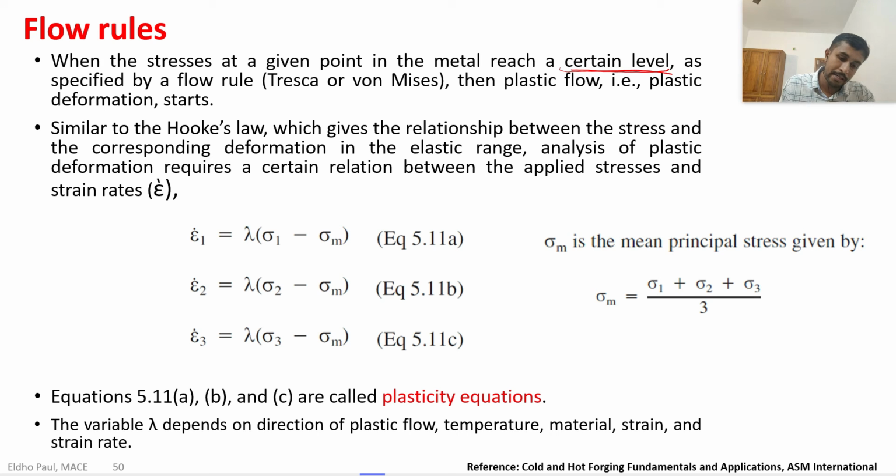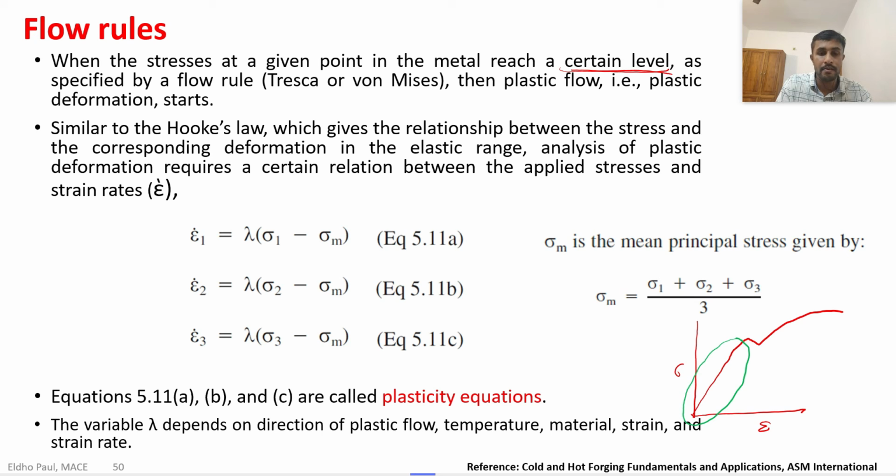So here, in the stress strain diagram, we know the equation up to this point. In this region, up to the yield point or elastic limit, we know stress is directly proportional to strain, or stress is equal to Young's modulus into strain. That is Hooke's law, generalized Hooke's law.